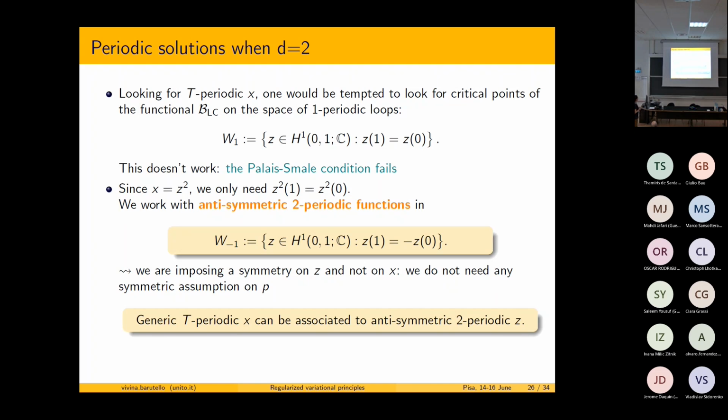But unfortunately, if you look just for periodic solutions, also this new functional does not satisfy what is called the Palais-Smale condition. The Palais-Smale condition is a compactness condition.